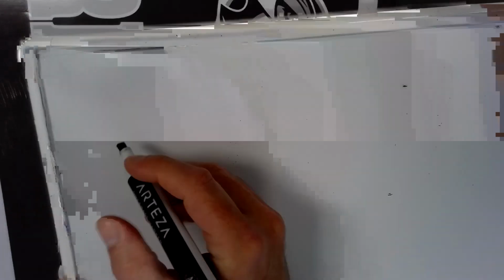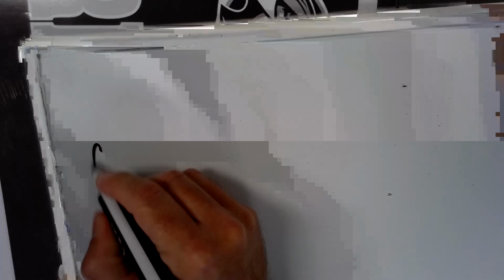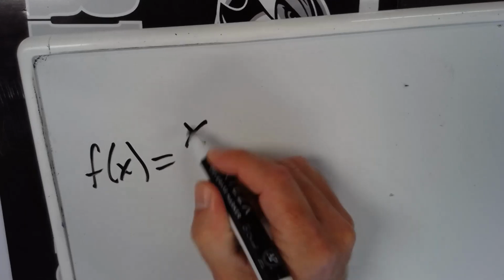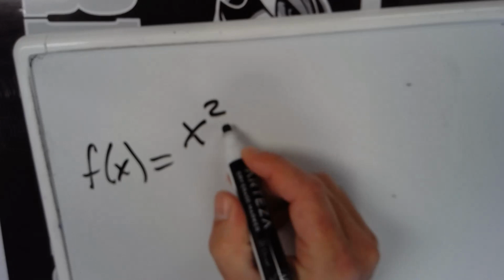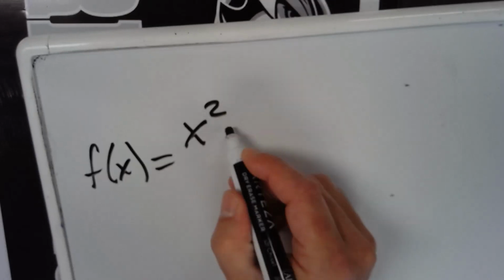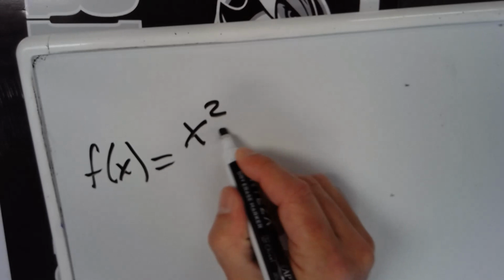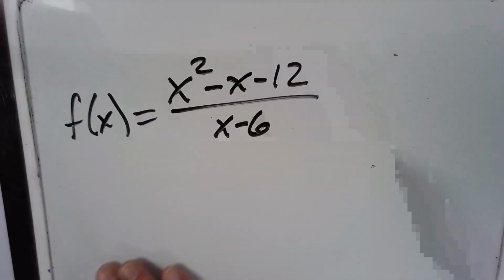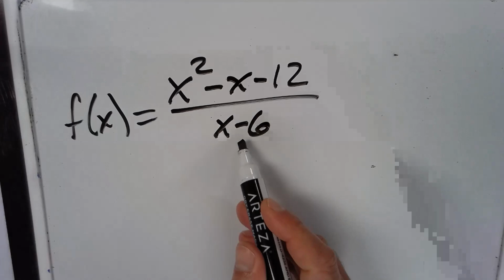This is from last year. Find the zeros on the bottom, right? This is a vertical asymptote at x equals 6. Okay?